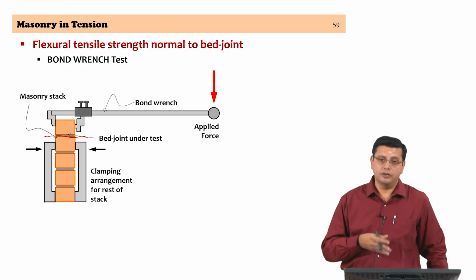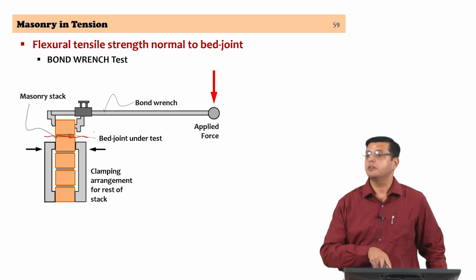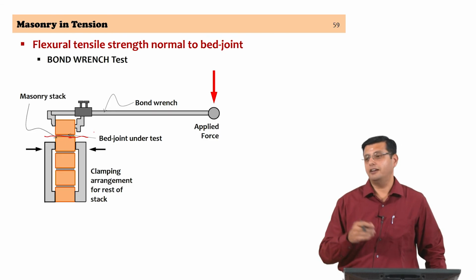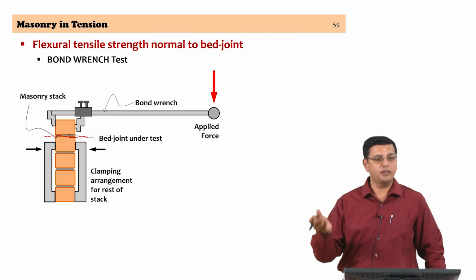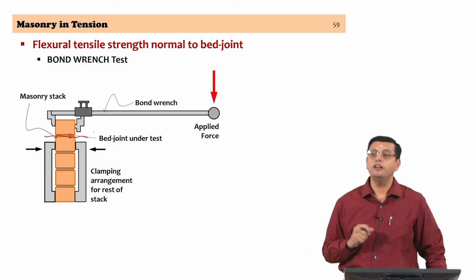So, control in this test is what is essential. We do this in a very simple way. We hang a bucket here and have sand filled in the bucket, because often if the bond is not good, you can get failure even when you just hang the bucket and add maybe a mug or 2 of sand. So, it is a test that requires a little bit of control.